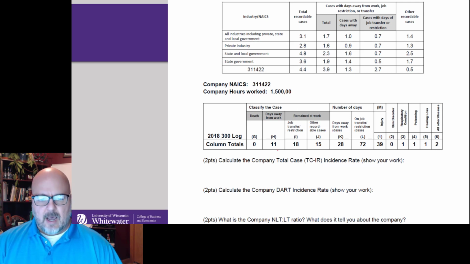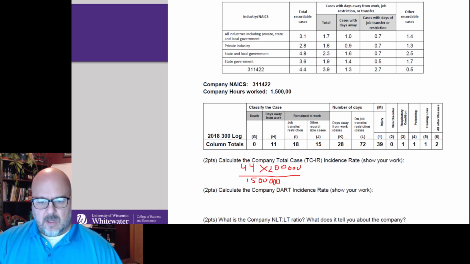So we've got 11 plus 18 is 29, plus 15 is 44. So it'd be 44 times the 200,000 divided by the 1.5 million.